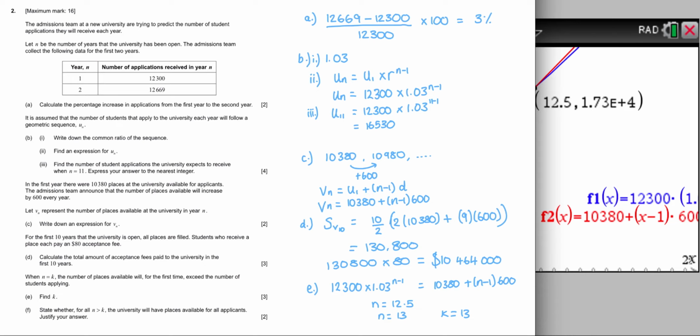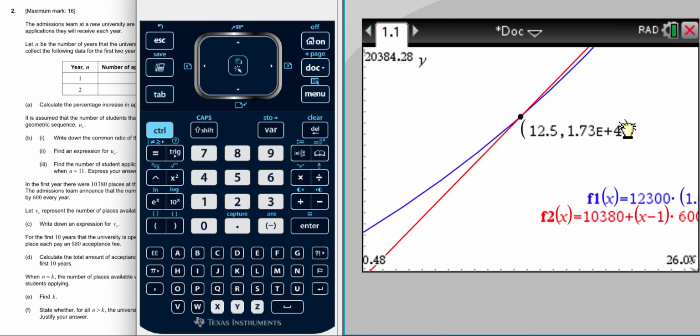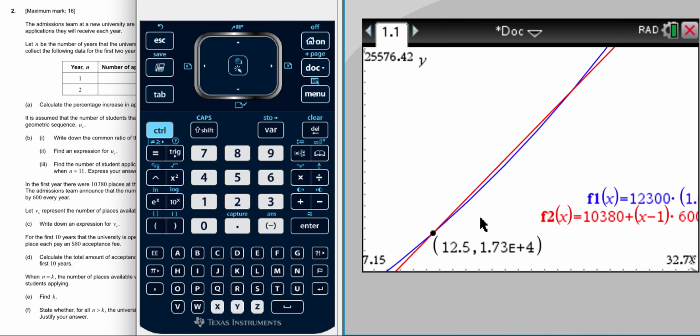And then for the last part, we're stating whether for all n bigger than k, the university will have more places than applicants, okay? So will they always have that? And there's not a guarantee for it, because it's a geometric sequence. So actually, a geometric sequence will eventually get bigger and bigger and overtake it.